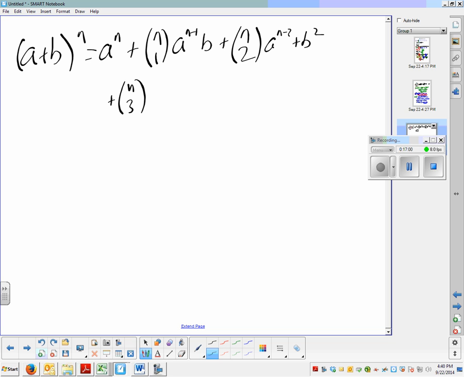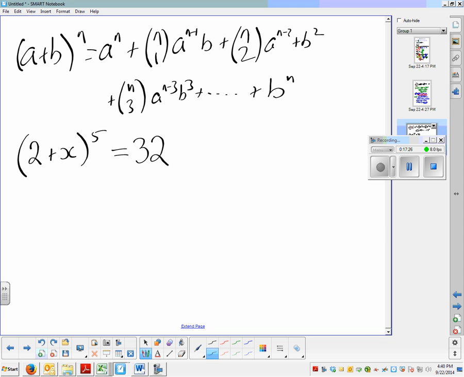So n choose 3, a to the n minus 3, b cubed, plus all the way till you get to b to the n. To expand out in full, let's go with 2 plus x to the 5. So there'll be 6 terms. You'll need your calculator. What does that equal? It should start with 32. 2 to the 5: 2, 4, 8, 16, 32. And it'll end with x to the 5.